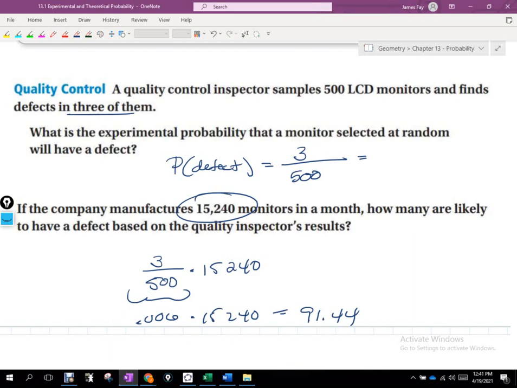Is there something going on with our machinery that is creating that? If 91 defects is unacceptable, maybe we shut down everything. We go back through our machinery, or the people putting these together, and we fix the problem so that we dwindle that 91 down to maybe 60 or something like that.